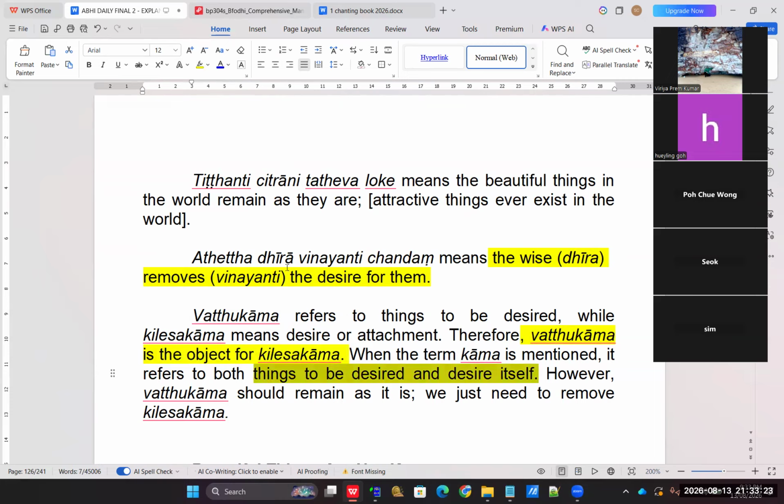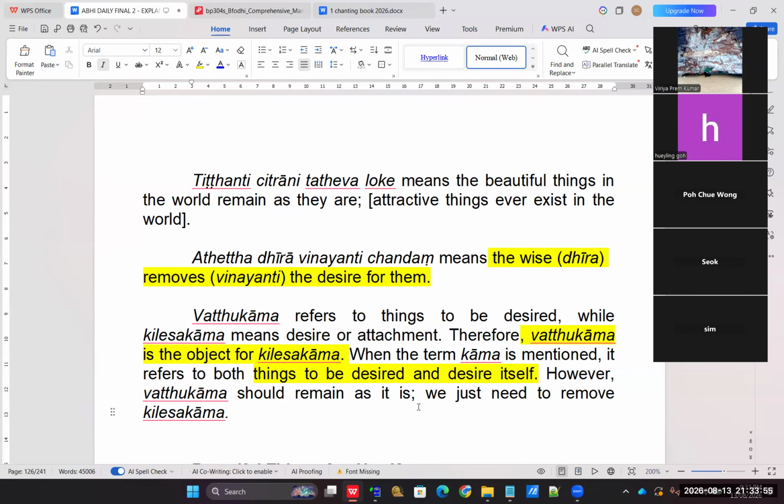Vatthu kama refers to things to be desired, while kilesa kama means desire or attachment. Therefore, Vatthu kama is the object for kilesa kama. When the term kama is mentioned, it refers to both things to be desired and desire itself. However, Vatthu kama should remain as it is. We just need to remove kilesa kama.